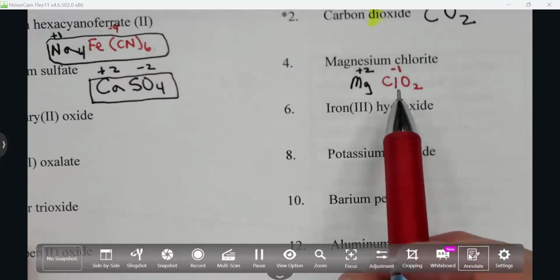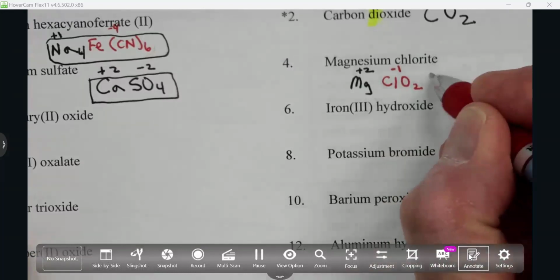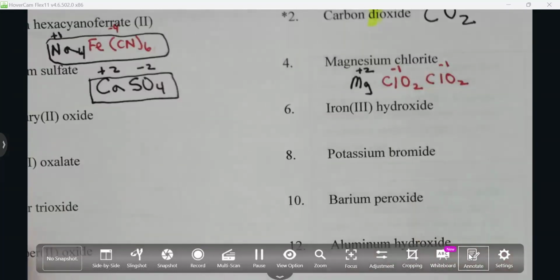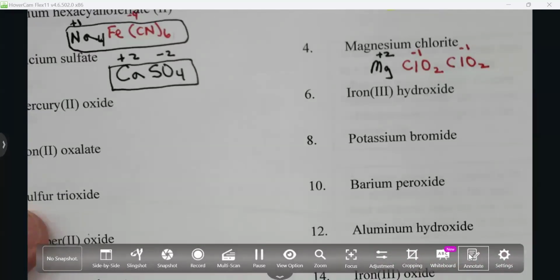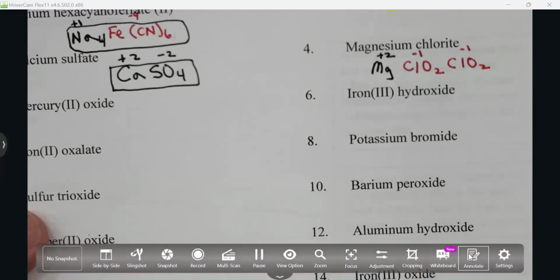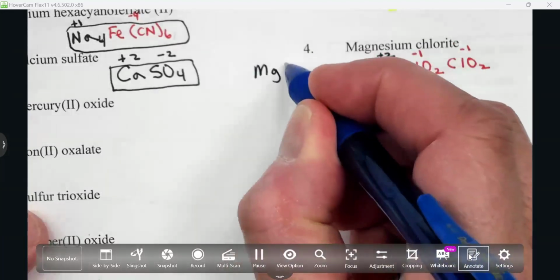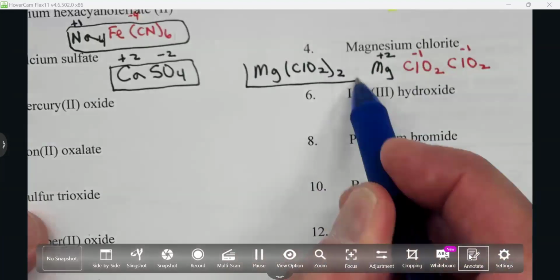We need another chloride, right? So we have another chloride. What are we going to do with the chloride? We're going to put it in parentheses and we would write it like this. We have 2 chlorides.